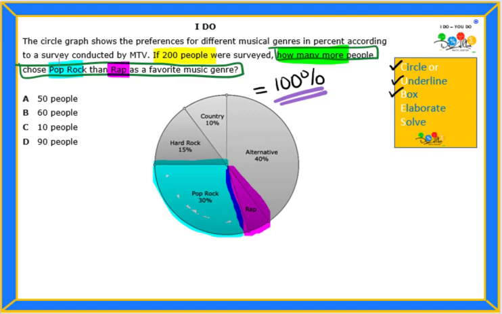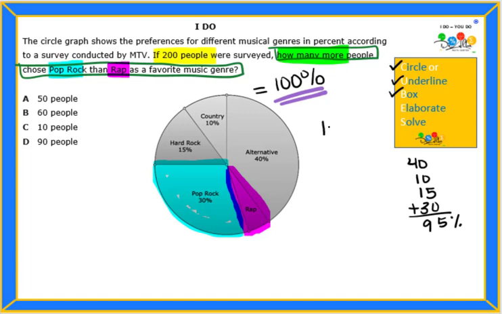So we're going to go ahead and add all of these up. We have 40 for alternative, 10 for country, 15 for hard rock, and 30 for pop rock. Together, that equals 95%. So this circle graph is already allocating 95% to other types of music.